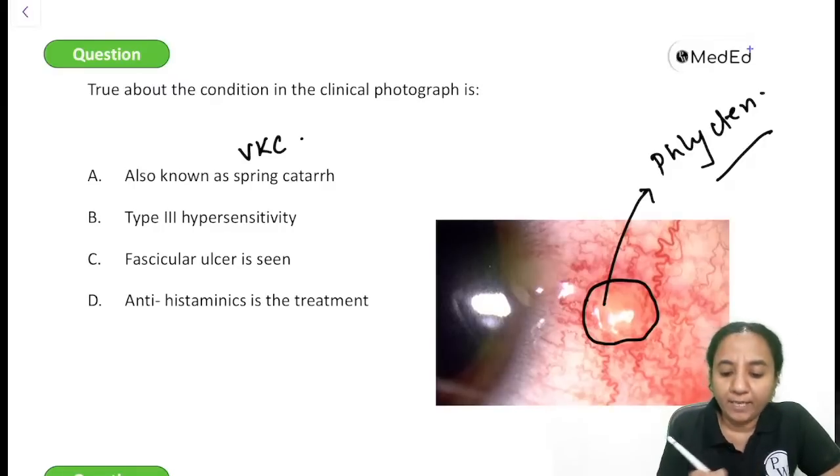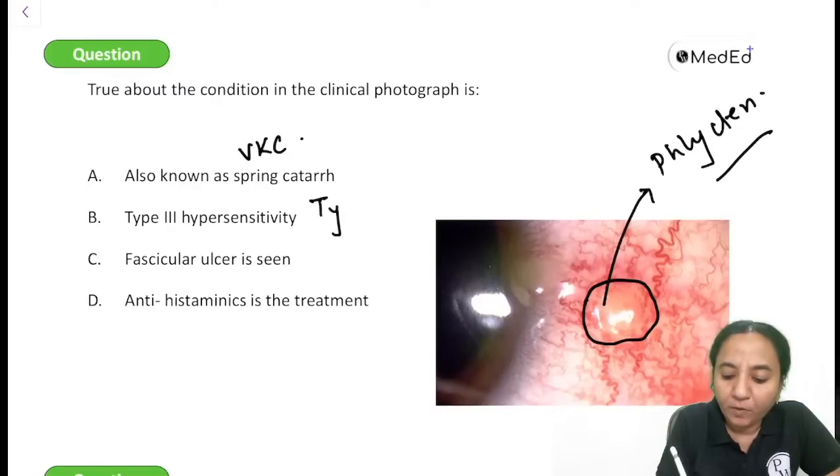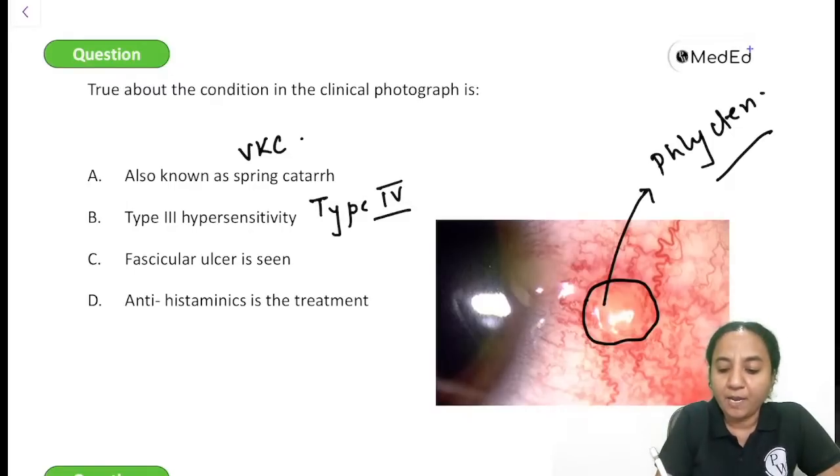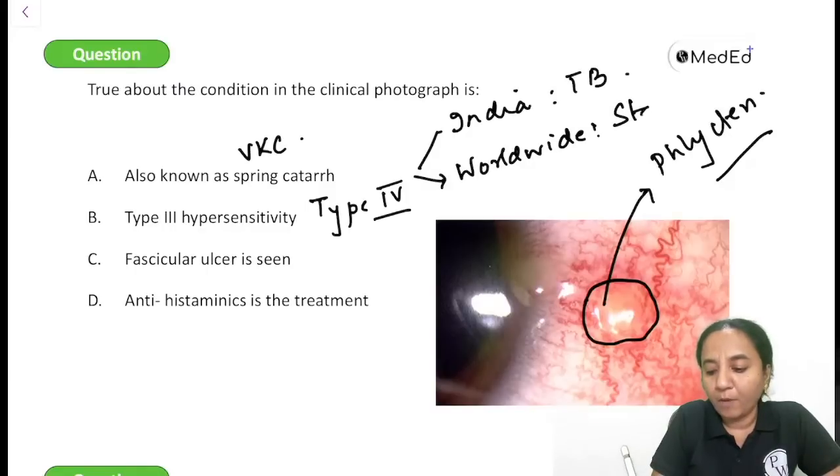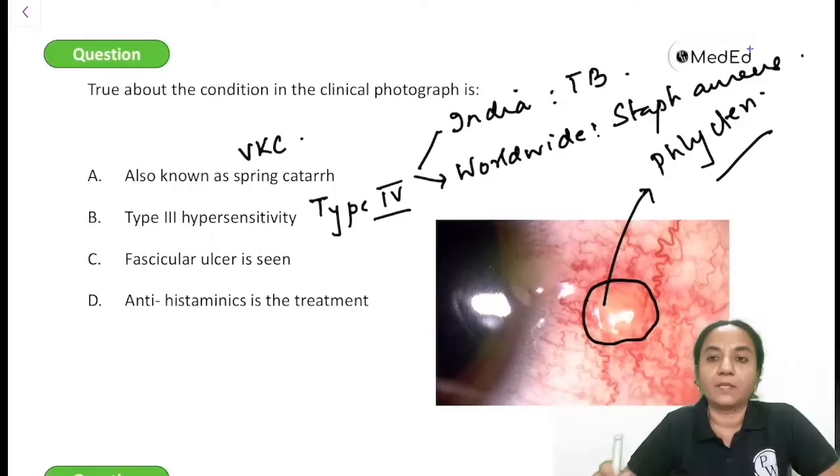And phlyctenular conjunctivitis is not a type 3 hypersensitivity, it is a type 4 hypersensitivity reaction. That is why in India the most common association is with tuberculosis, and worldwide the strongest association is with Staph aureus. So it's not a type 3 hypersensitivity, it is a type 4 hypersensitivity.